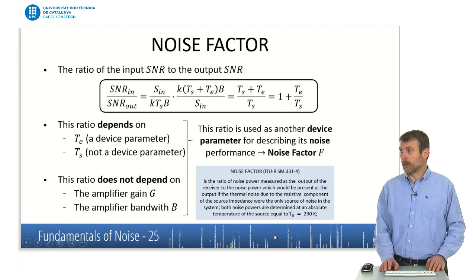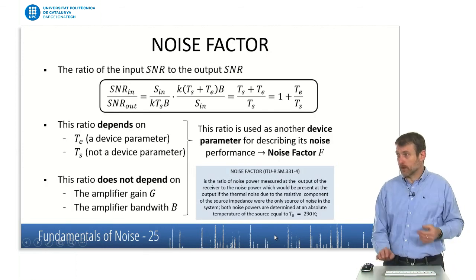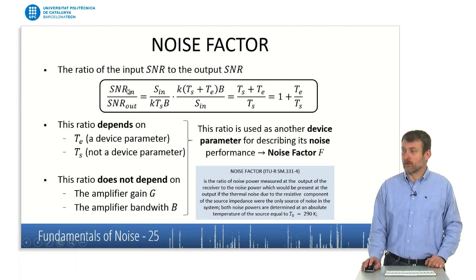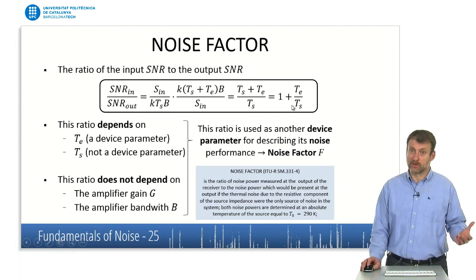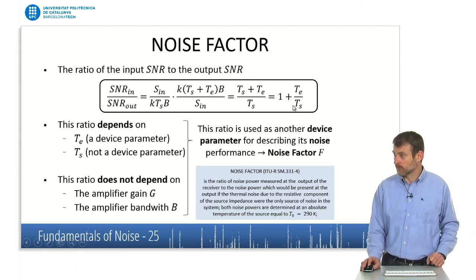So we can work out how much the degradation in the signal-to-noise ratio is between the input and the output of the device. And if you do this, you will find that this degradation between input and output signal-to-noise ratio is 1 plus the equivalent temperature of our system divided by the equivalent noise temperature of the source, right? The antenna noise temperature or whatever this is.